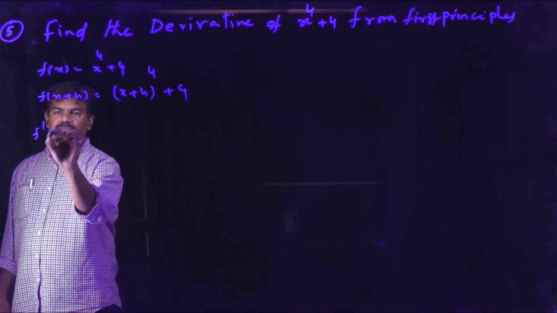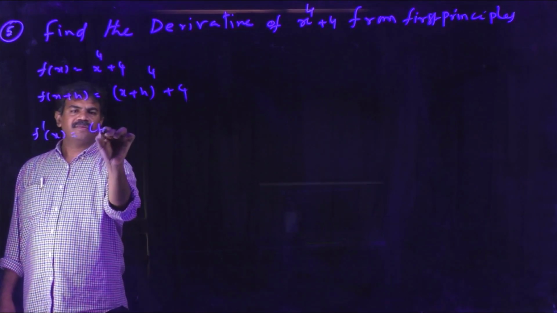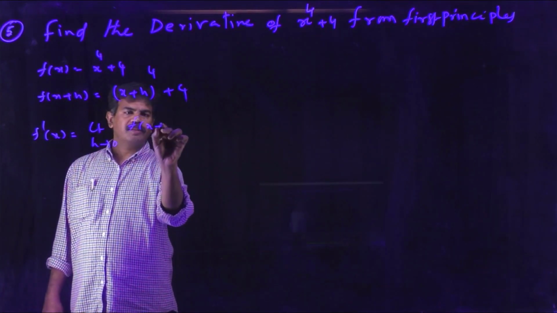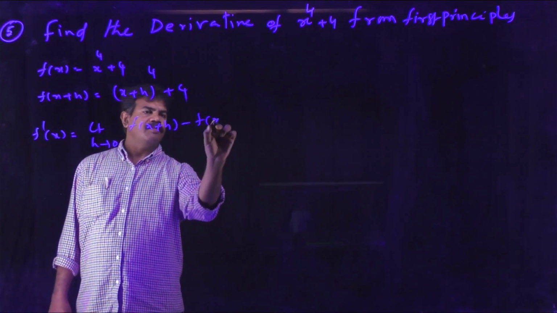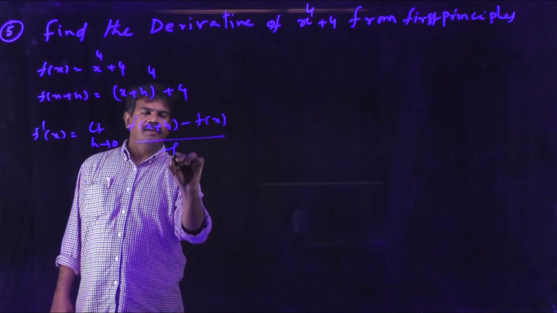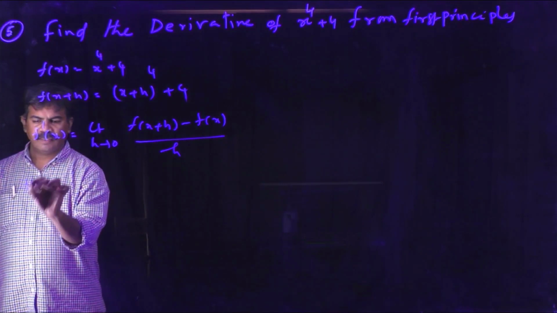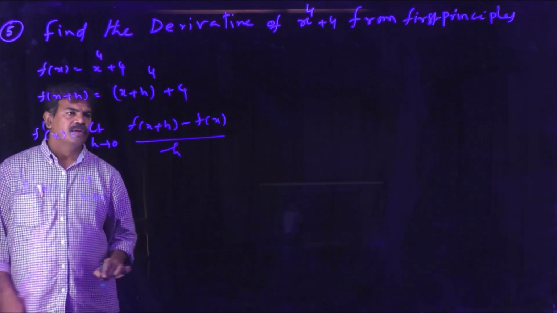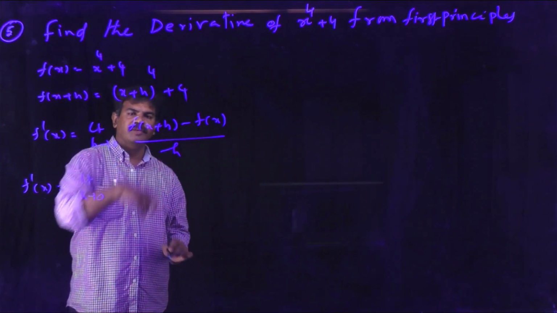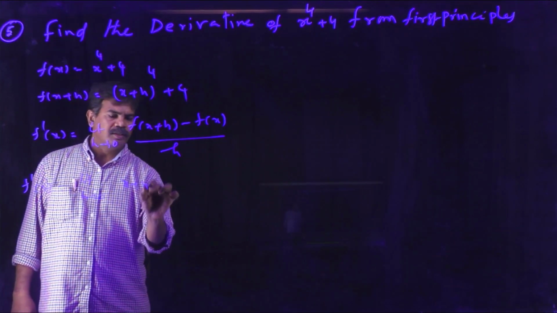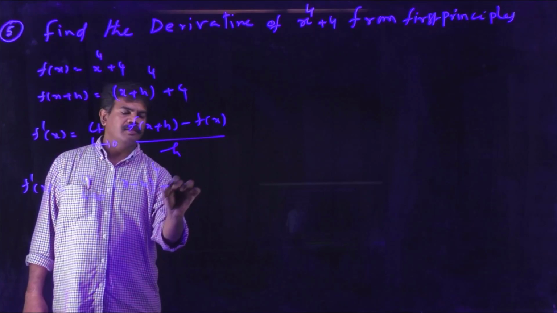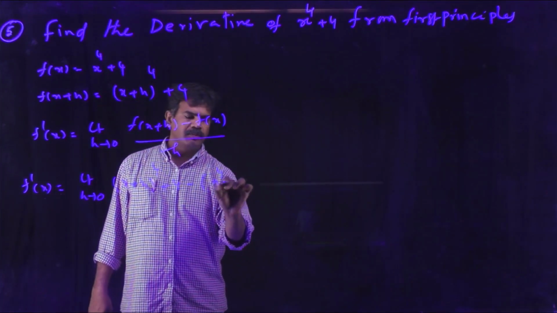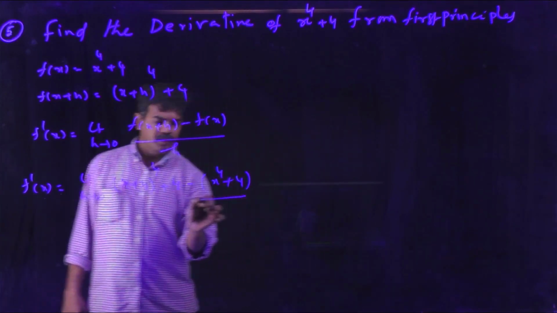We know that f dash x is equal to limit h tends to 0 f of x plus h minus f of x by h. That is f dash x is equal to limit h tends to 0. That is f of x plus h means x plus h whole power 4 plus 4 minus f of x means minus of x power 4 plus 4 by h.